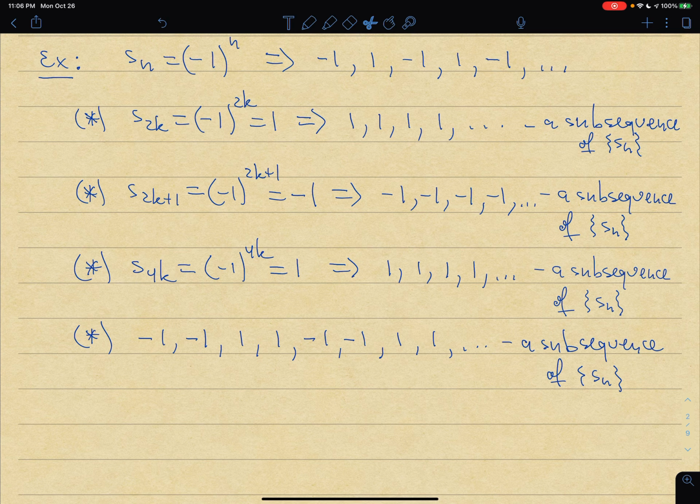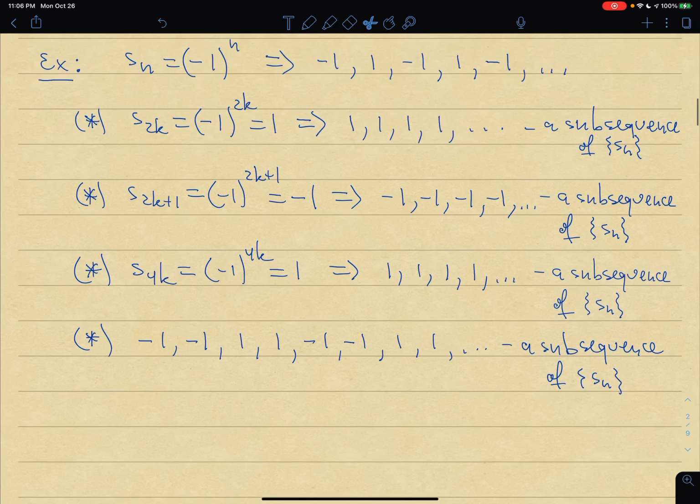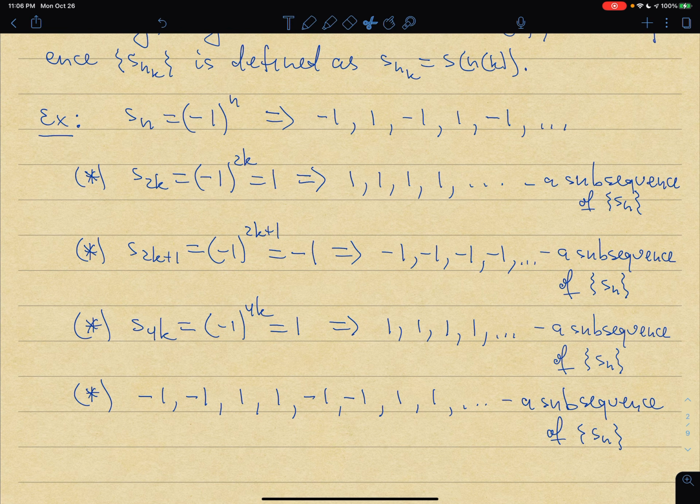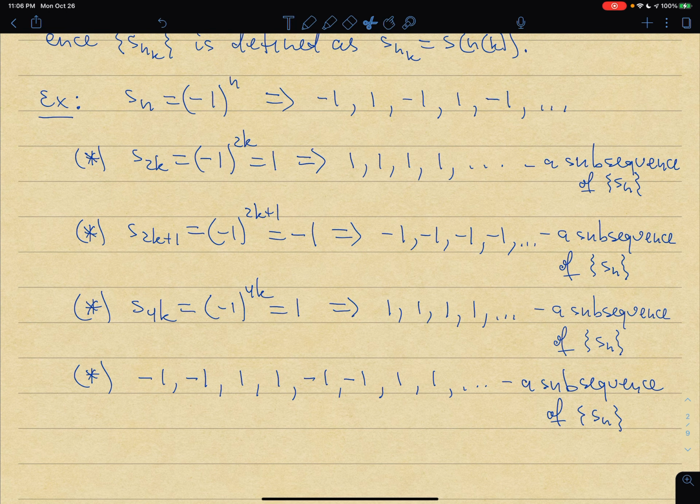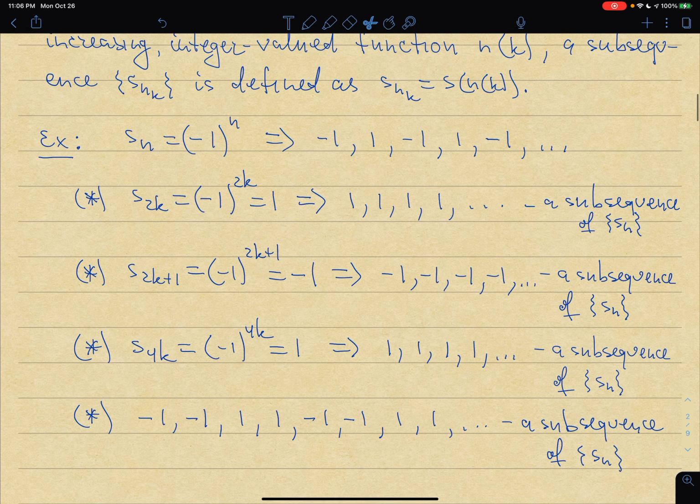Maybe one more example. Actually, before one more example, based on what we just did here and in the previous examples, it's obvious that any given sequence will contain infinitely many subsequences, right? Because there are infinitely many ways for me to pick elements of the sequence.